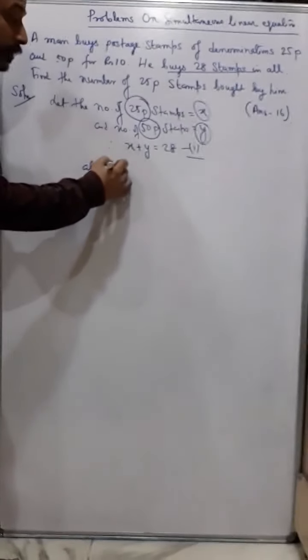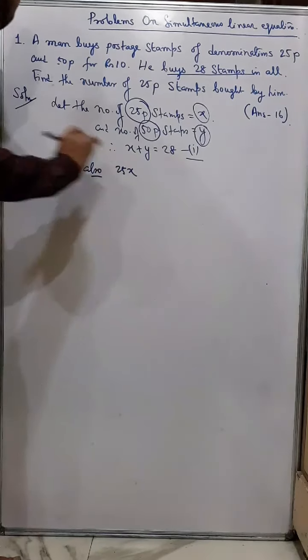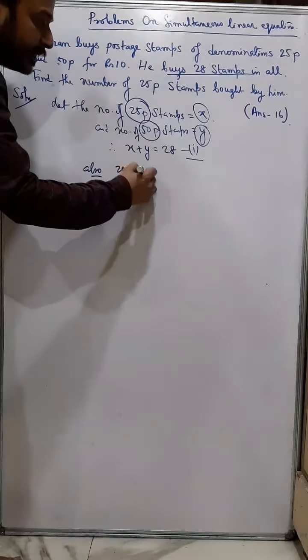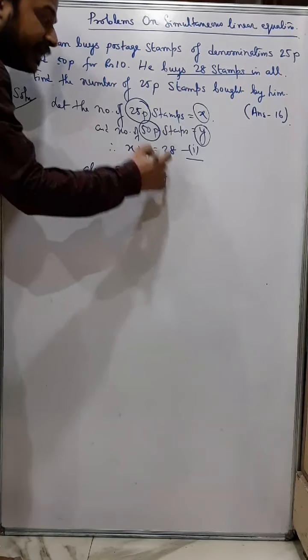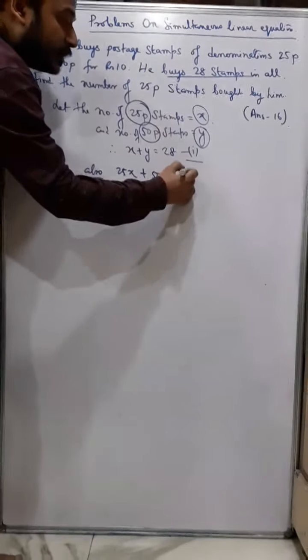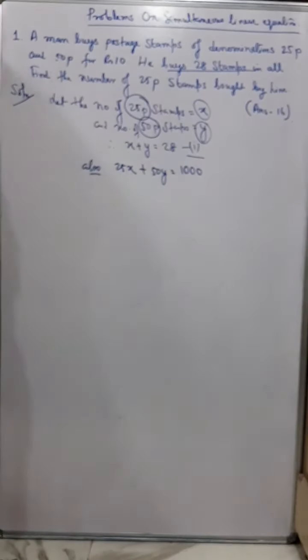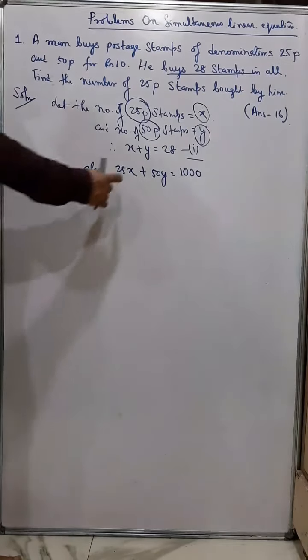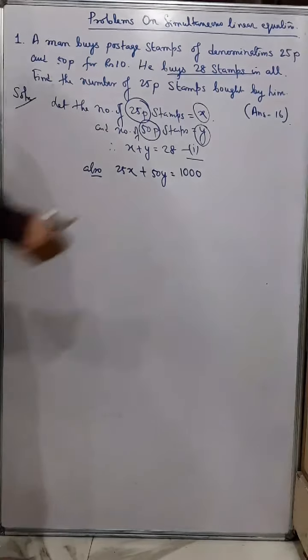Therefore we can say 25x paisa plus 50y paisa is equal to rupees 10, so I should write 1000 paisa, because rupees 10 means 1000 paisa. So we got this second equation.